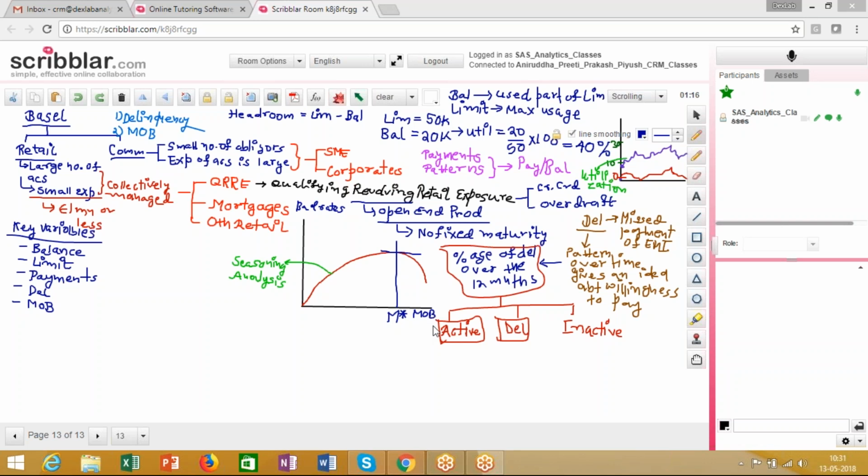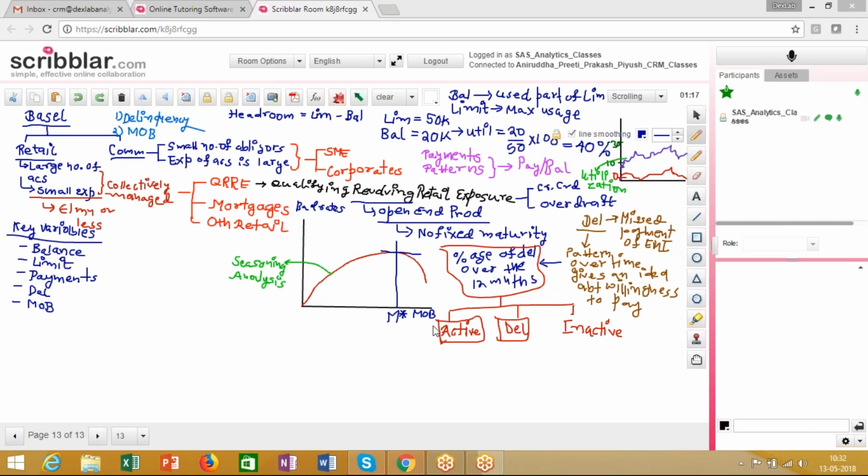The entire data is categorized in terms of the month on books, and for each month on books, the bad rates are calculated, and then we plot the bad rates corresponding to the month on books, and then we see what is that age or what is that vintage at which the bad rates are stabilizing and then falling down, right? So once we know what the month on books is, every account can be flagged as a seasoned or an unseasoned account, right?